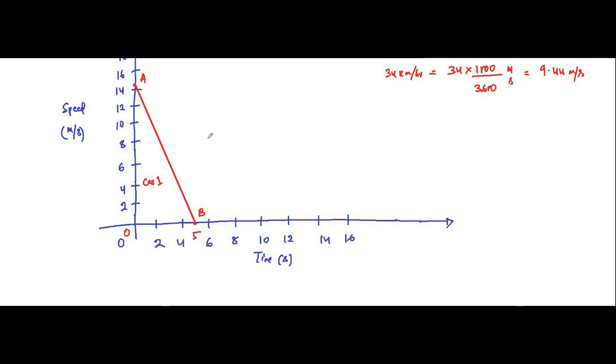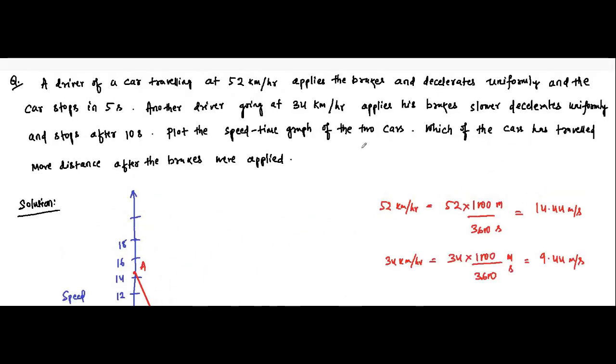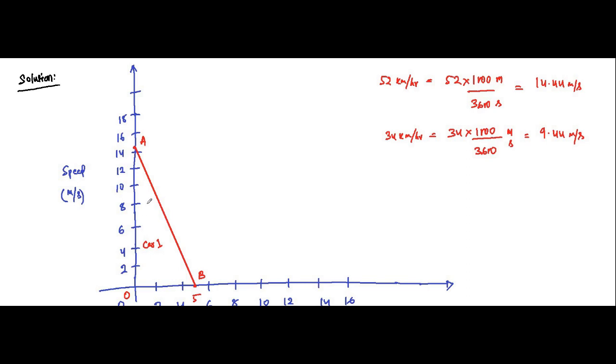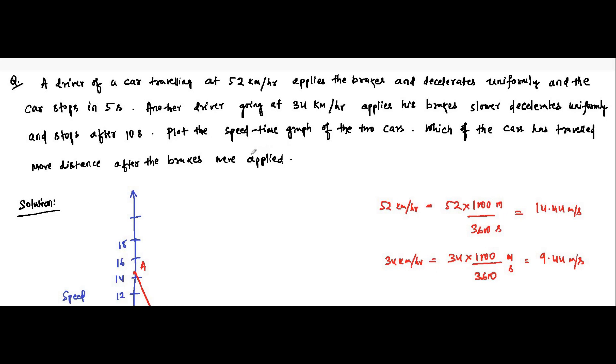Then we have the second car, which is going at 34 kilometers per hour, which is 9.44 meters per second, somewhere around here. It stops in 10 seconds. It also, after the application of brakes, decelerates uniformly. This is very important, uniform deceleration.